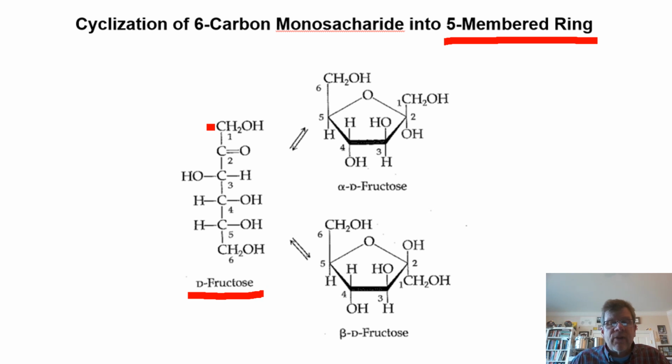Now the cyclic form is a 5-membered ring in fructose. Now notice, again, it's showing you this D-fructose. It is D. Well, it's always going to be D, so what we have here is just a bunch of extra stuff. It doesn't matter. But notice that in this case, here is the bond that we've just formed. Here is the bond we've just formed in this new type of Haworth projection, the 5-membered ring Haworth projection.